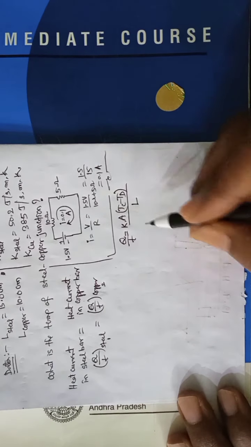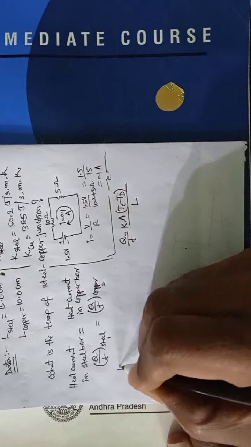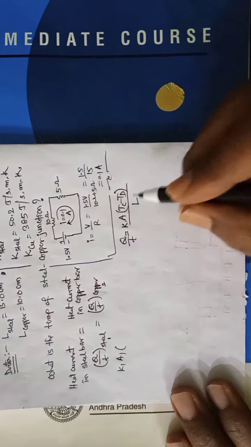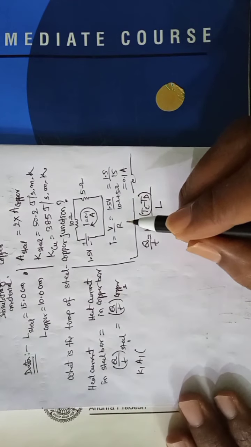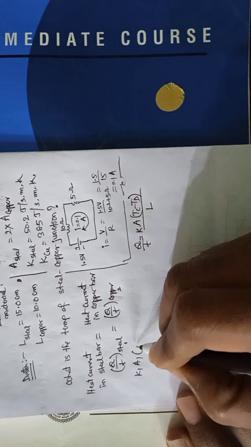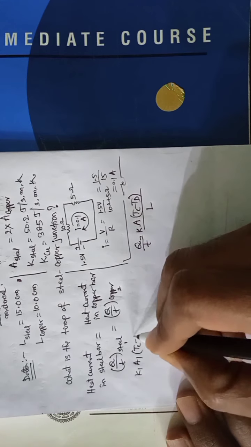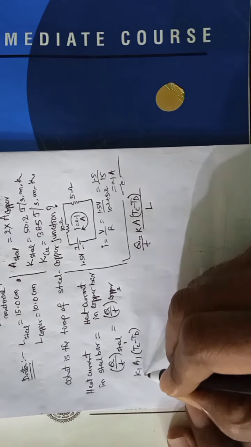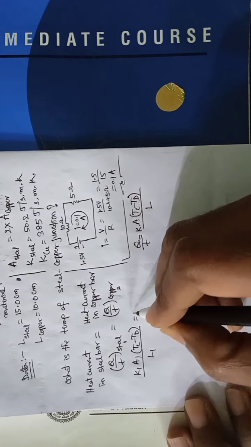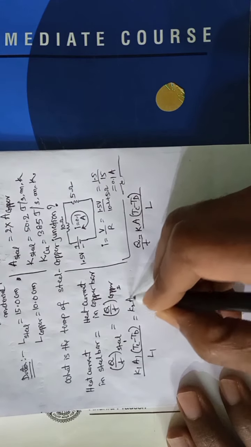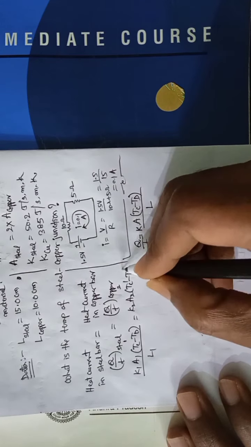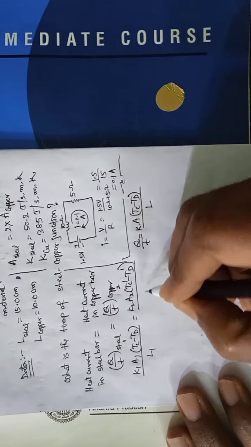So that here we can write K1 A1 (Tc minus Td). Let me write the formula first. K1 A1 (Tc minus Td) by L1 is equal to K2 A2 (Tc dash minus Td dash) by L2.